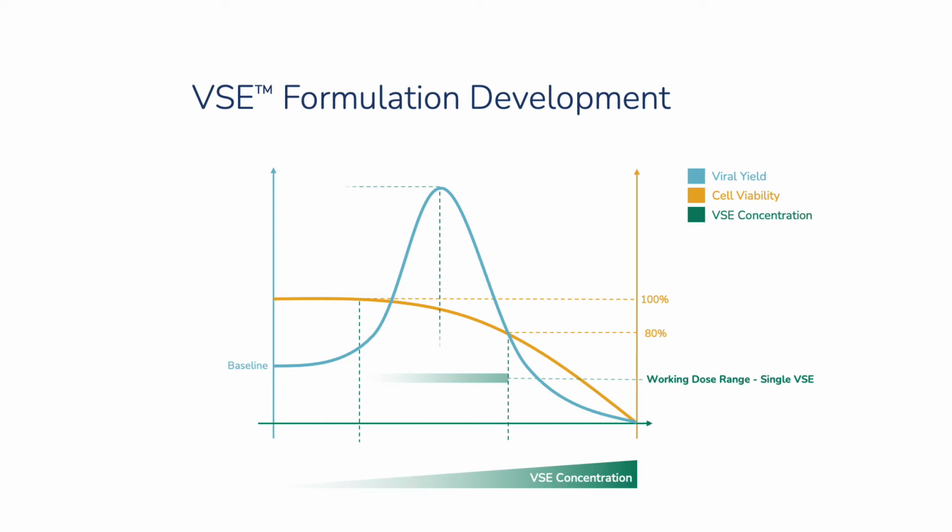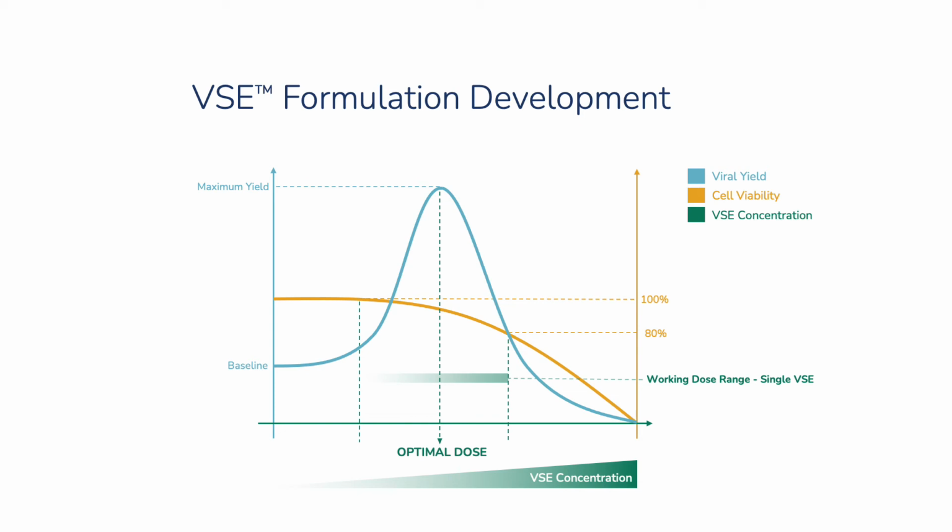The top of this peak is the optimal VSE dose to achieve maximal viral yield. The peak concentrations are then validated by testing these concentrations with sufficient replicates to account for assay and production variance.